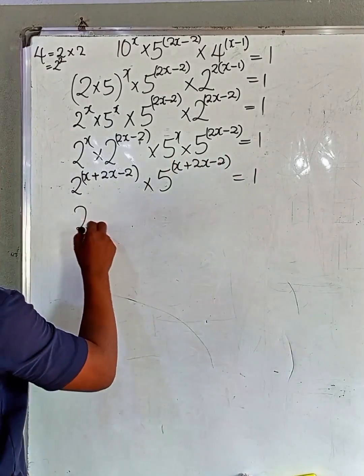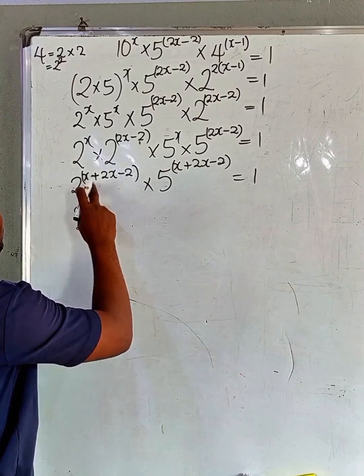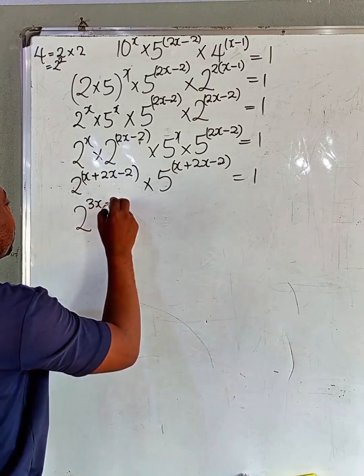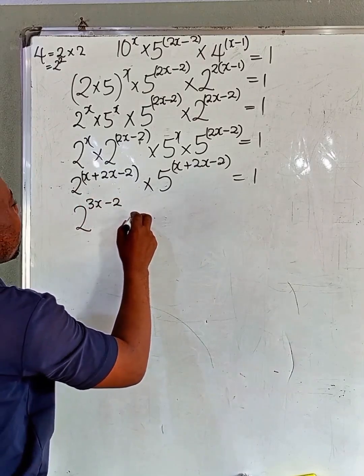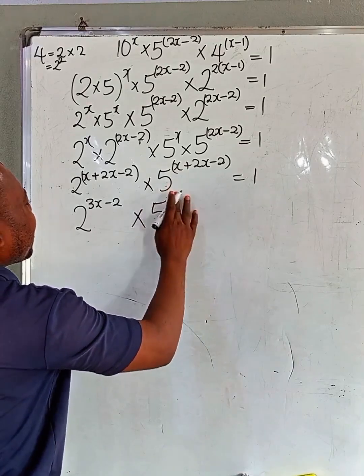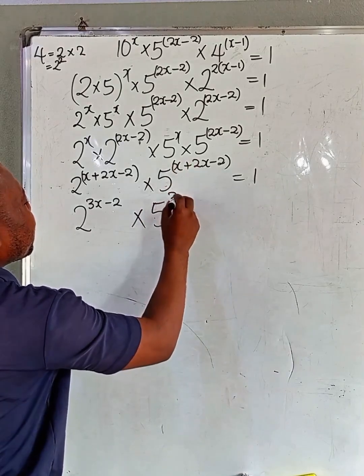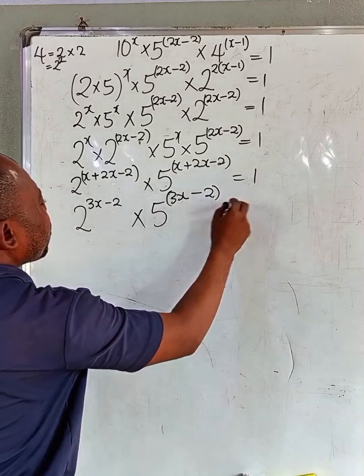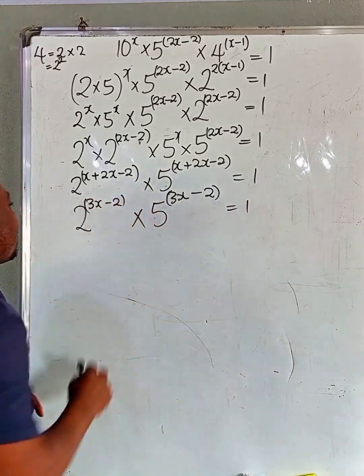So we have 2 raised to the power of 3x minus 2, since x plus 2x gives us 3x, times 5 raised to the power of 3x minus 2, equals 1.